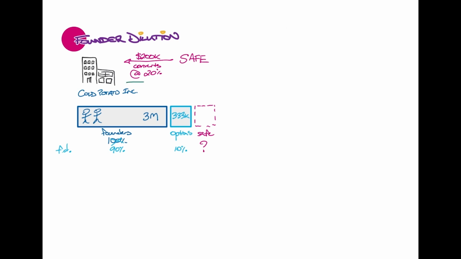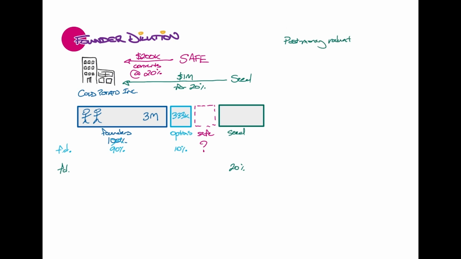Let's say in 3 months, the founders are able to do a seed financing, and a venture capital fund agrees to invest $1 million for a 20% stake in Cold Potato. So based on the 2 numbers that we know about the VC fund's investment, we can calculate what's called the post-money valuation, or how much Cold Potato will be worth after the VC fund invests.